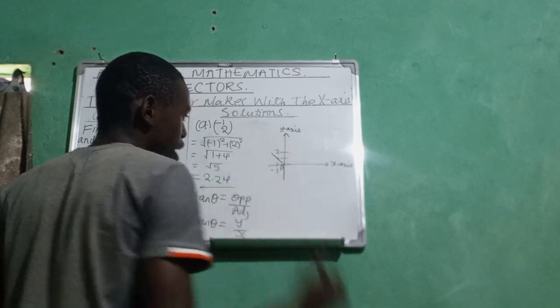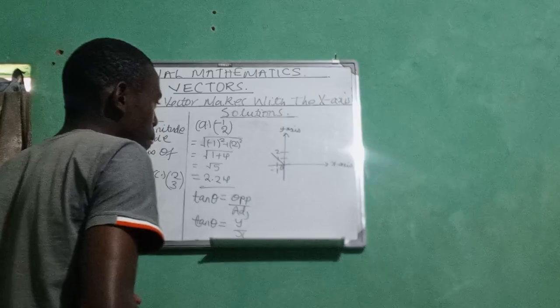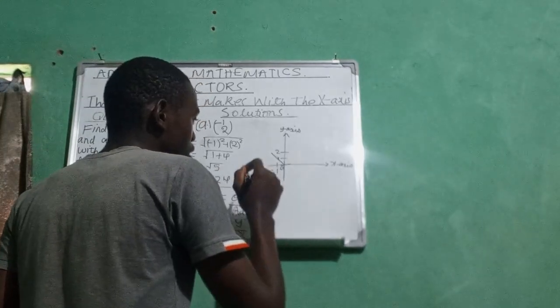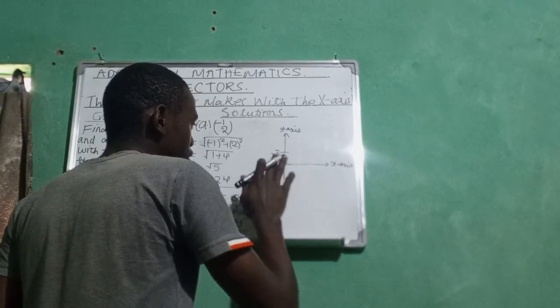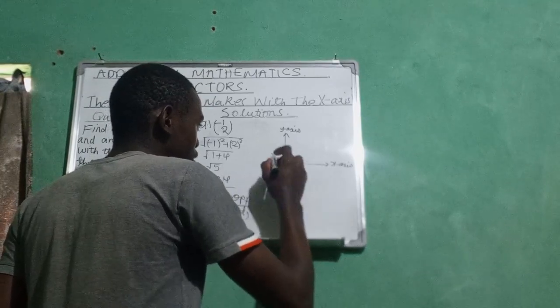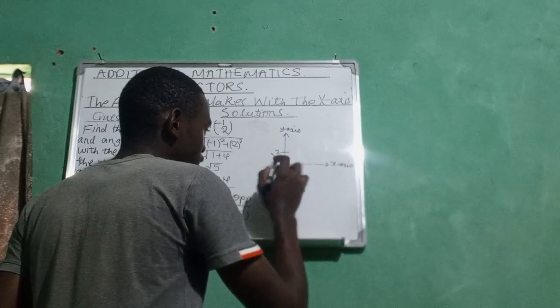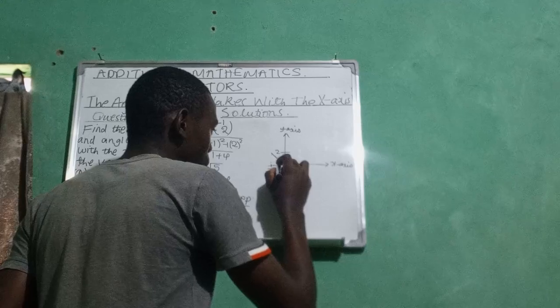So this is 1, then this is 2, and the -1 would be there.